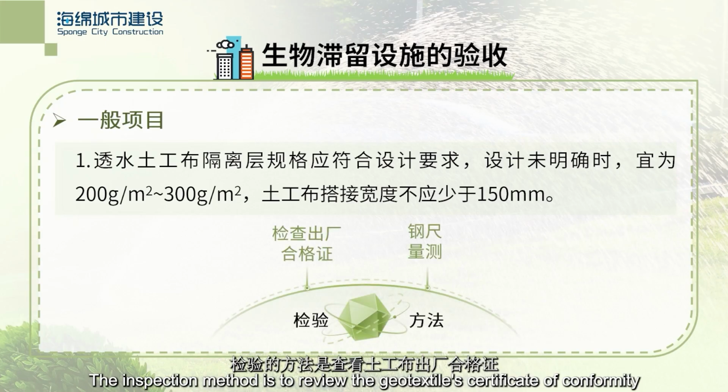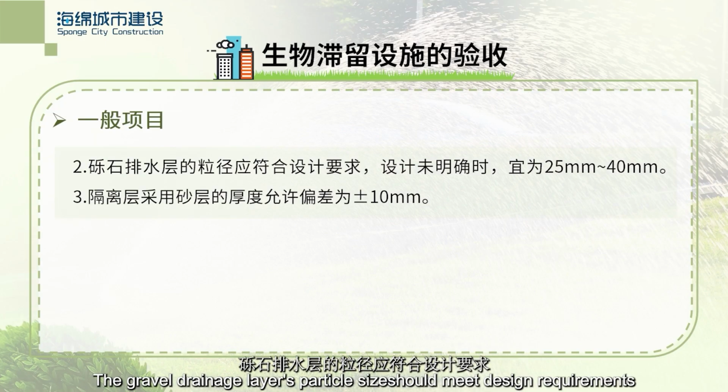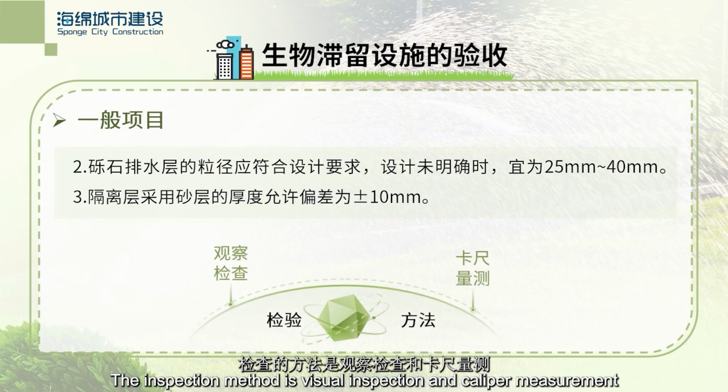The inspection method is to review the geotextile certificate of conformity and to conduct steel tape measurement. The gravel drainage layer's particle size should meet design requirements. If the design is unclear, the particle size should be 25 to 40 millimeters. The inspection method is visual inspection and caliper measurement.